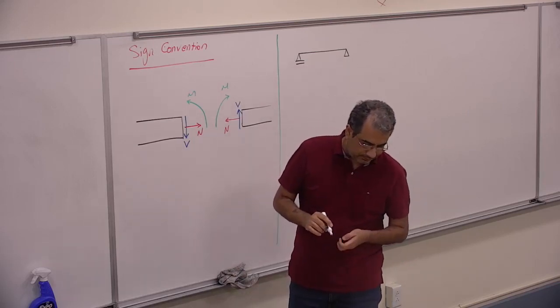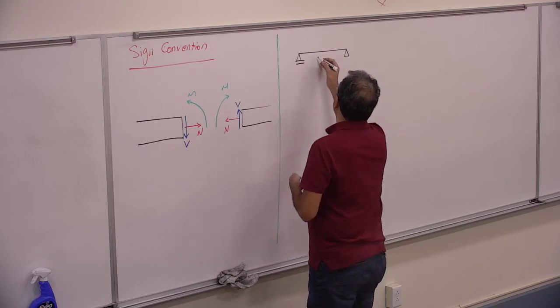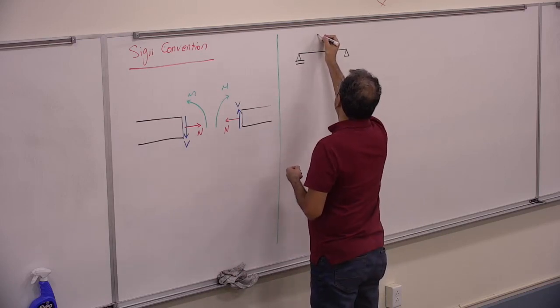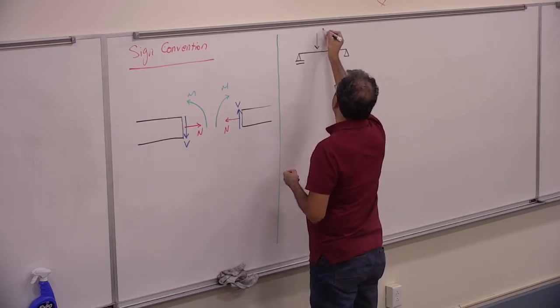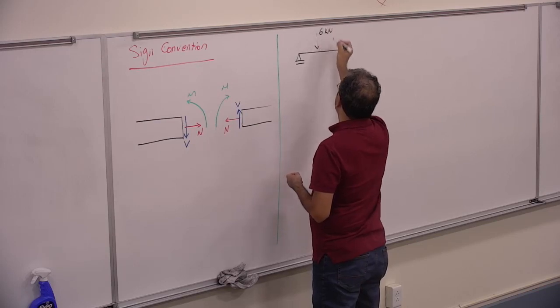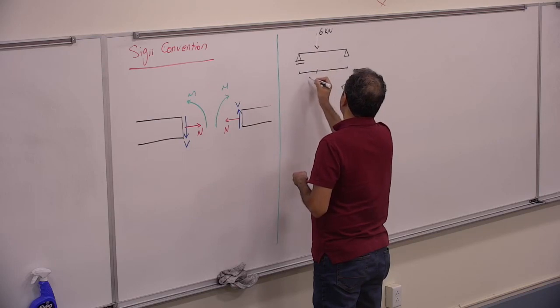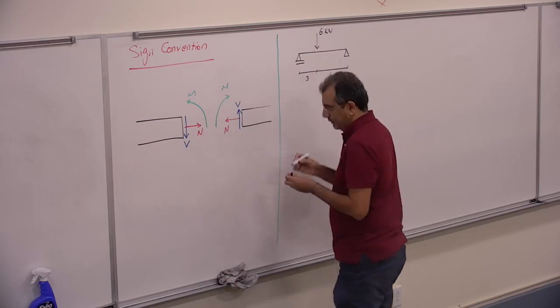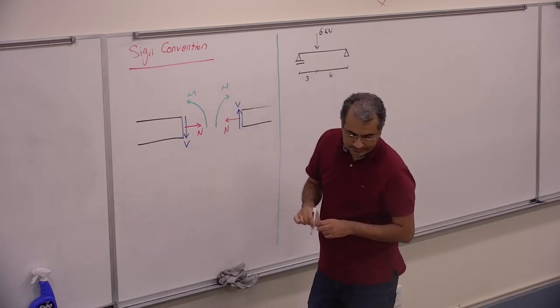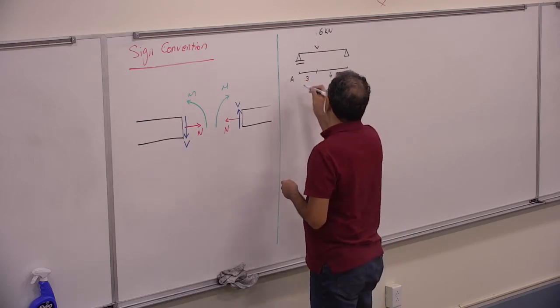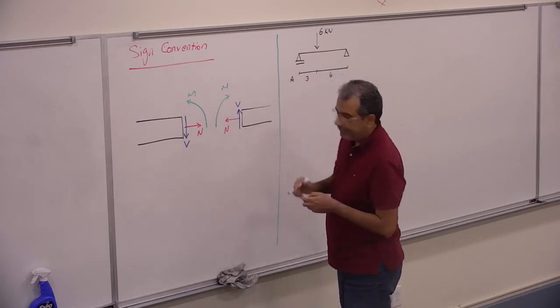It's going to be a 6 kilonewton load somewhere here. Three and 6. That's going to be A and D.